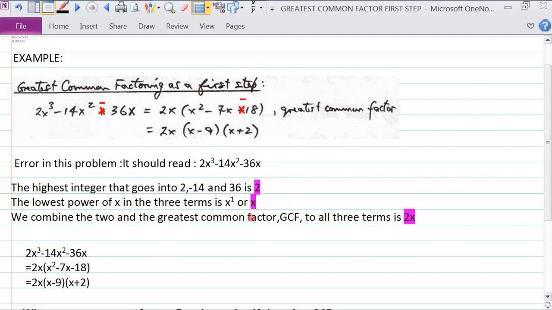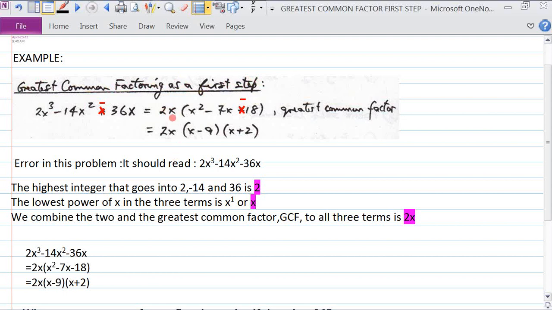Now I combine the 2 and the x, and I get 2x. So I can factor out from these three terms 2x as my first step. So I look for the greatest common factor before I do anything else, 2x.